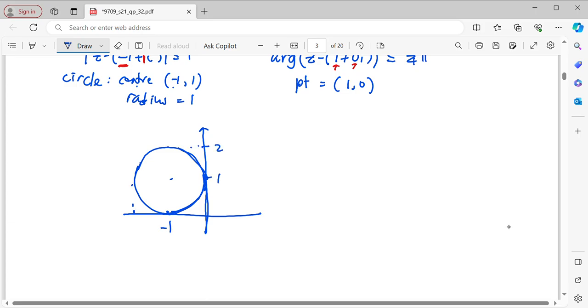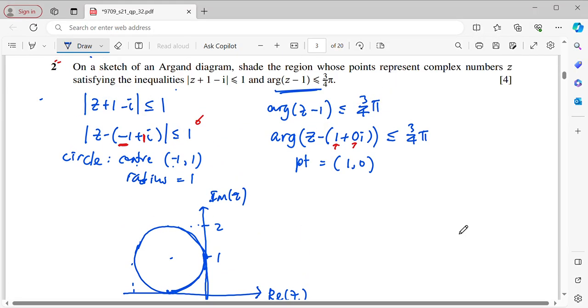Then here is minus 2. This is the imaginary part of z, and here is the real part of z. Now, that is our circle.